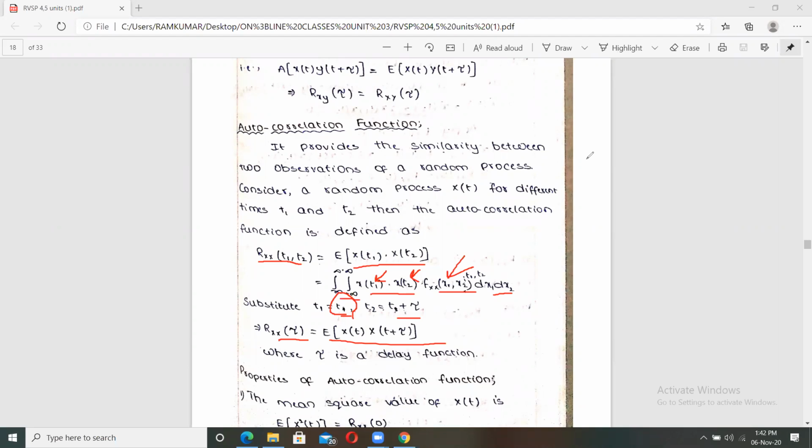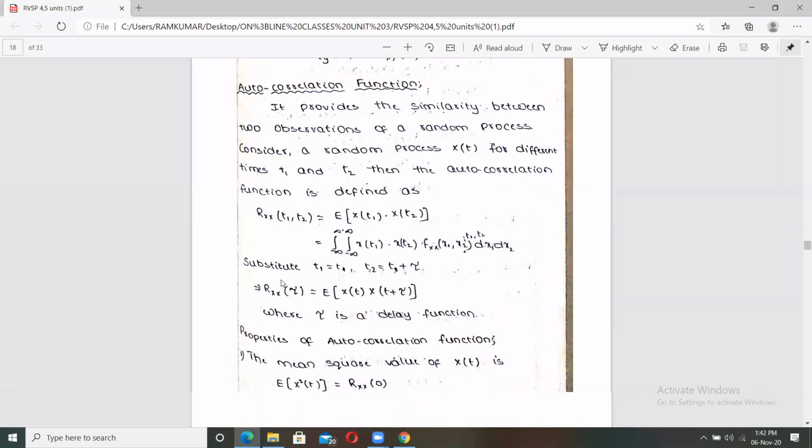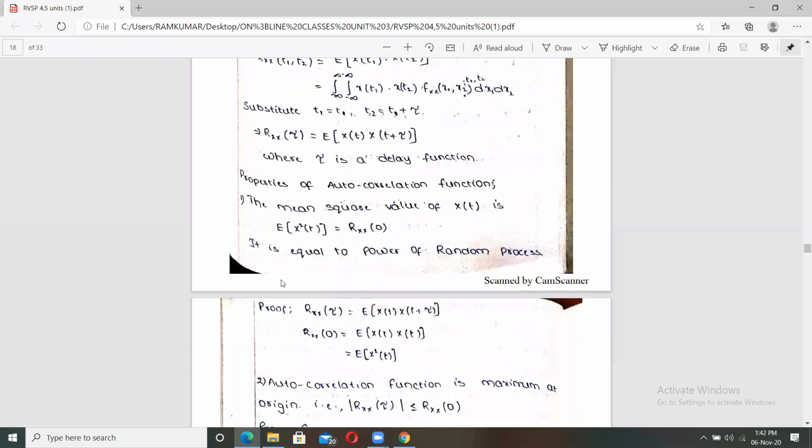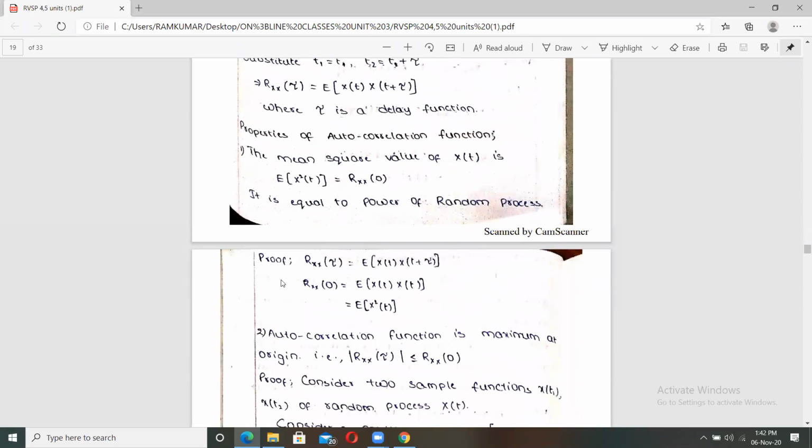Now we will go through the properties of autocorrelation function. The first property is the mean square value of x of t.